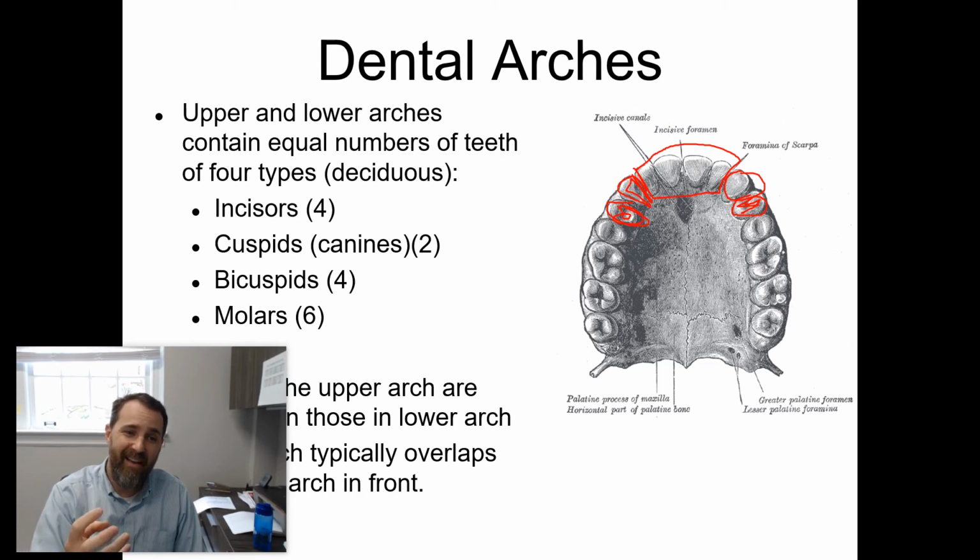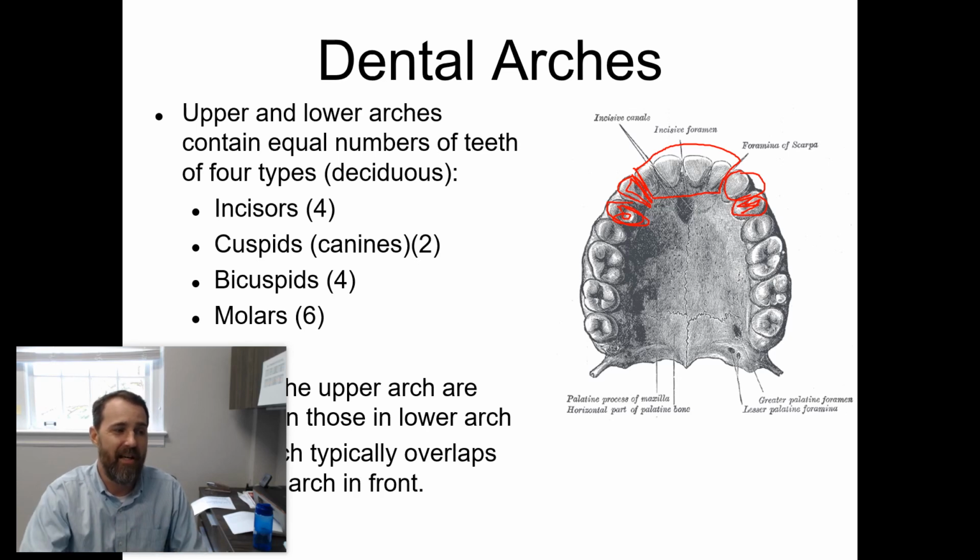But if I gave you a raw steak and I said, here, take a bite out of this, you're probably not going to come at the steak with your teeth like this. You're going to come at it sideways, and you're really going to rip a piece of meat off of that steak. And the molars are there for mastication, for chewing your food.